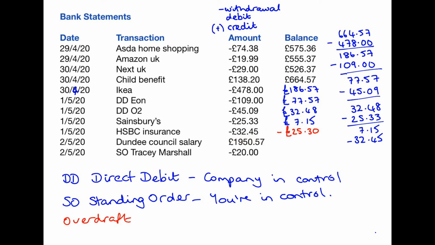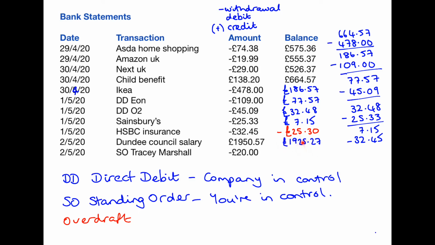So when you add your £1,950.57, you get £1,925.27. So we're back in credit now in our current account, but we can see that the balance here is not as much as what just got paid in because we were already a little bit overdrawn. Okay, so when you pay money into your account, the first thing that happens is the overdraft is paid off.